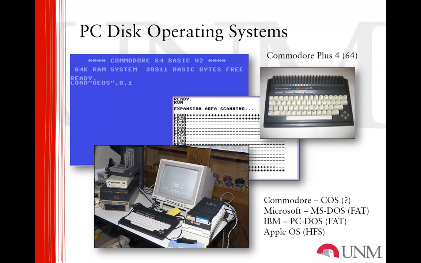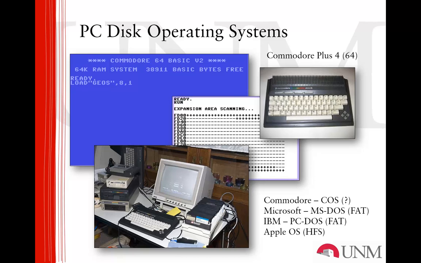From Unix developed what we call the disk operating system, DOS, and again there were various flavors of DOS available depending on the computer platform and what kind of products you were using. My first computer was a Commodore back in the early 80s, and it had its own proprietary file system, which you can see little screenshots of here.